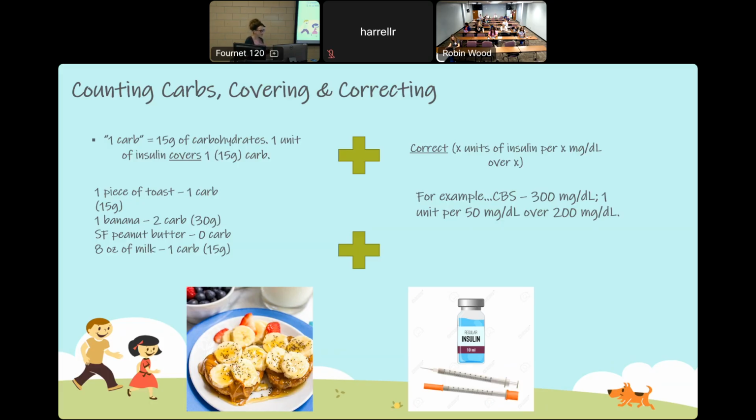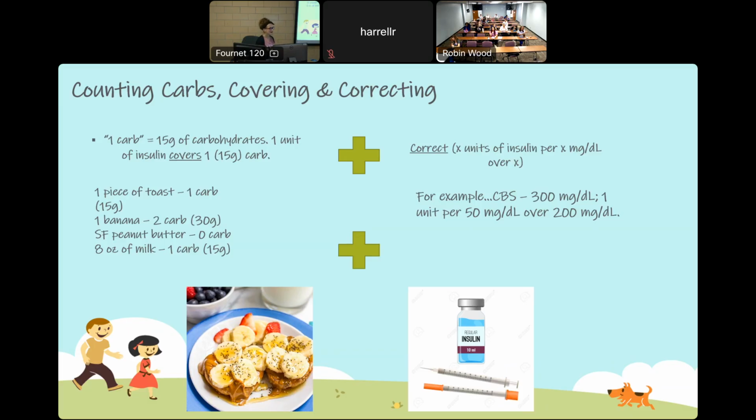So counting carbs. All diabetics should do this, but it's definitely important with the kiddos. So typically when we're talking about counting carbs, 1 carb equals 15 grams of carbohydrate. So when you look at a nutrition label, flip it to the back and it tells you how many grams of carbs, and you get really upset because it's delicious, but it's like, 40 carbs and you hate that.